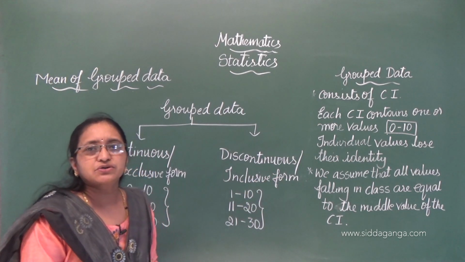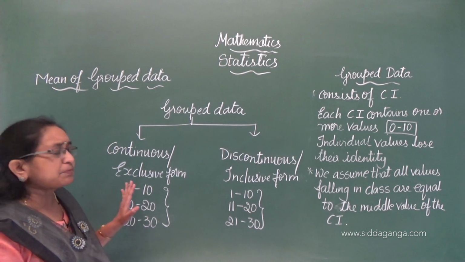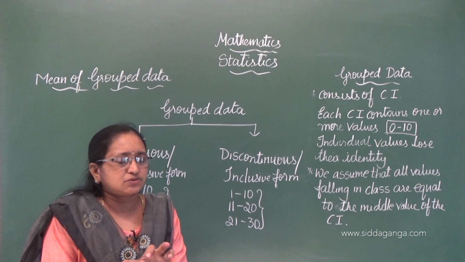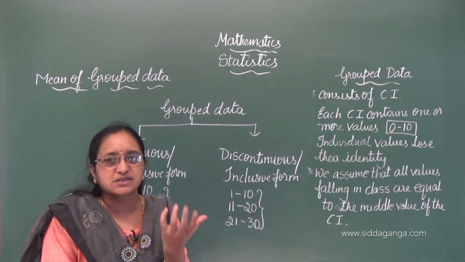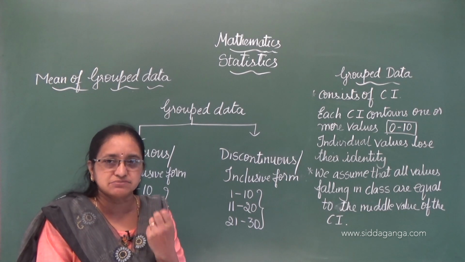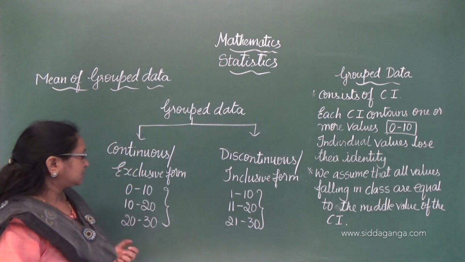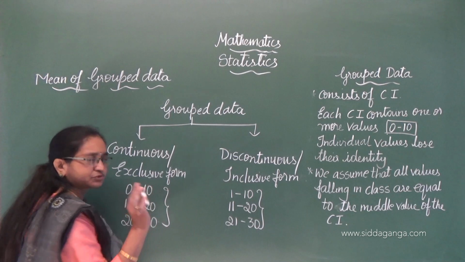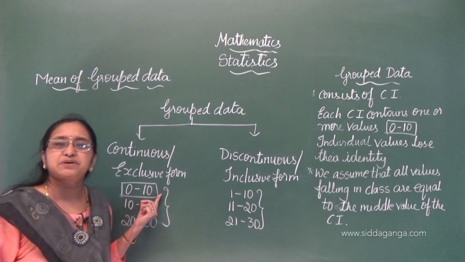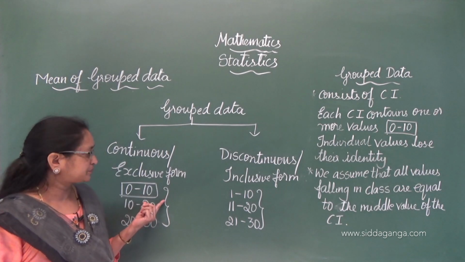Understood? So here, suppose the student has scored 10 marks in a particular subject, then that student will appear in this particular box, in this particular class interval.